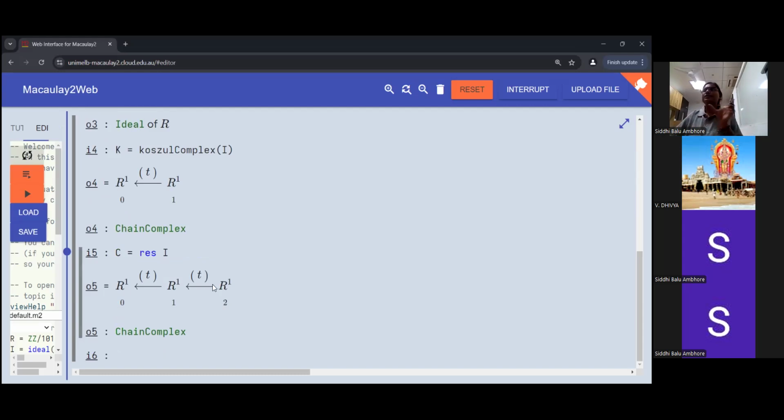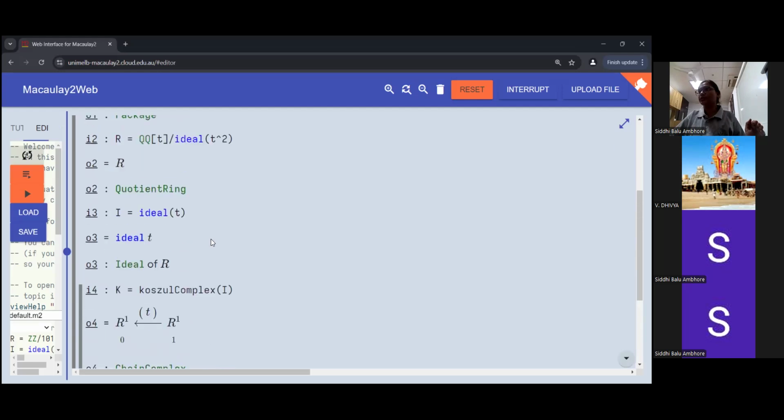We need at least a complex of size 2 to find the resolution of this ideal I. So definitely these two are not equal. Okay, so that was what was asked in the question, that the Koszul complex is not equal to the free resolution. So when we give this command res, it gives a free resolution of my given ideal I.